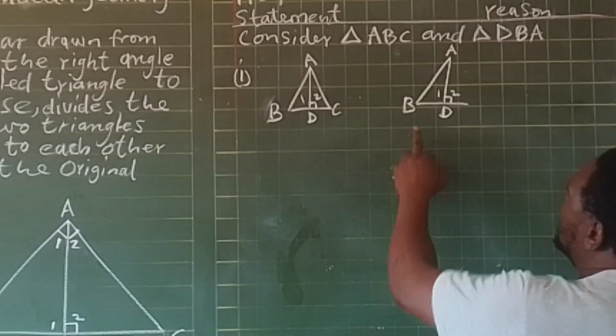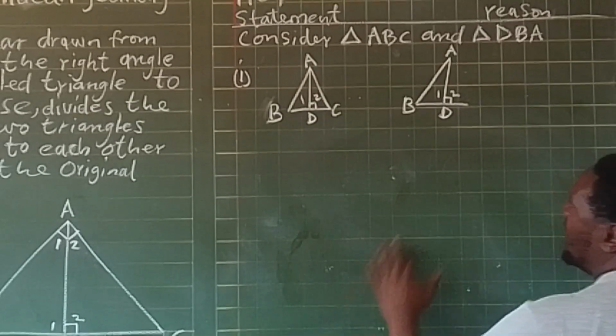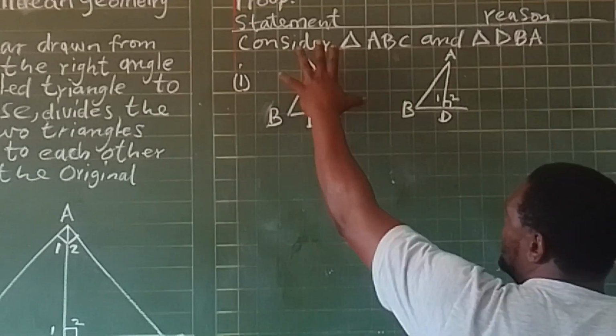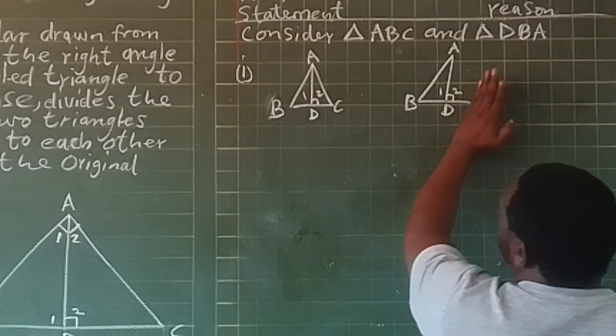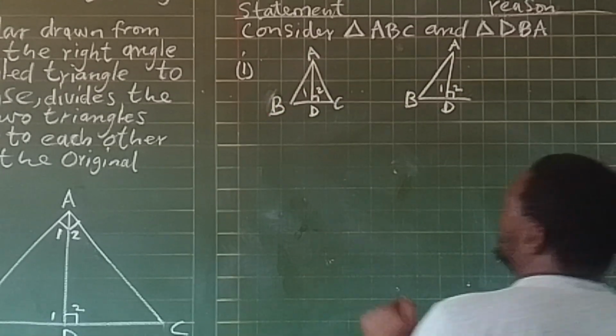In other words, we take the whole triangle. Inside that whole triangle, there is a small section called DBA, right?